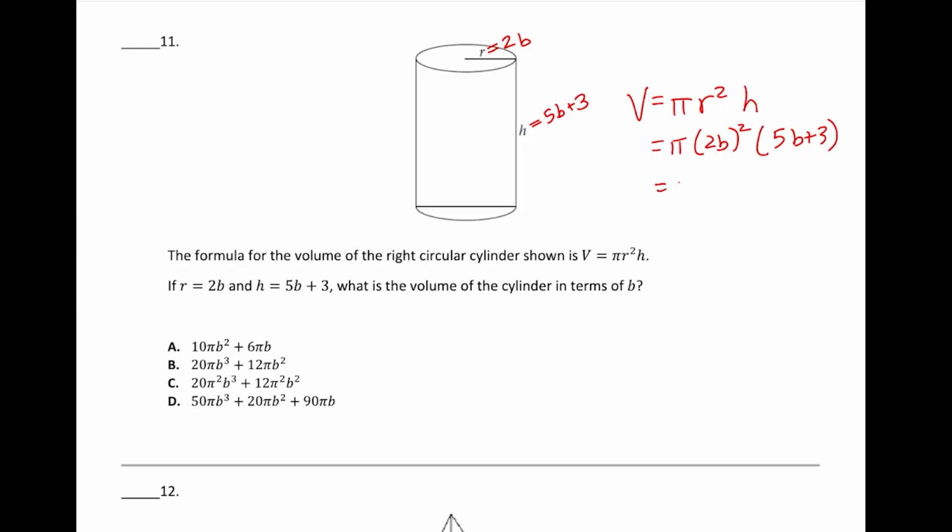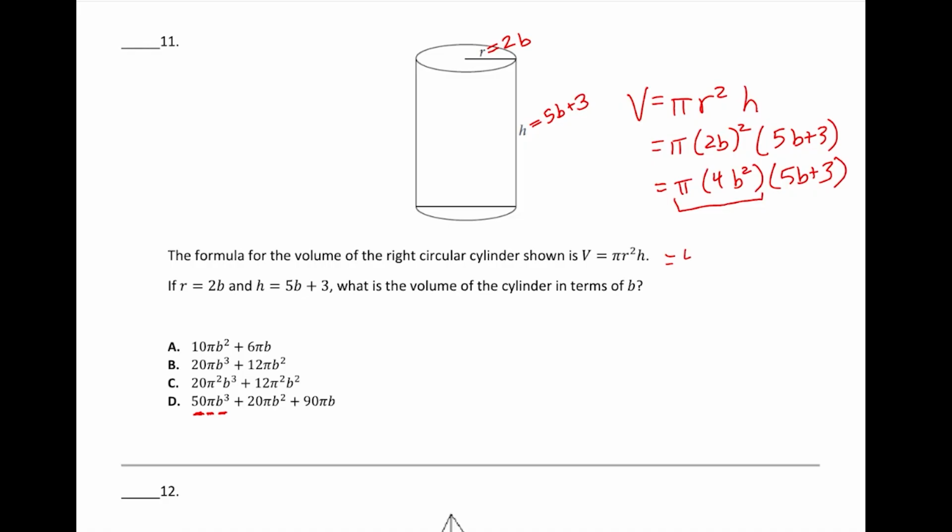So 2b squared is the same as 2 squared, which is 4, and then we have b squared times 5b plus 3. And our last step is going to be to distribute this term right here. Now I'm going to rewrite that to make it a little easier to read, especially because looking at our answer choices, notice they have the pi before the b's and in between the coefficient.